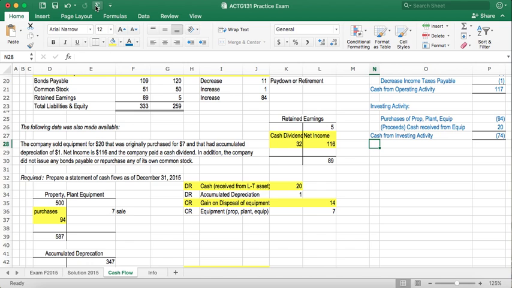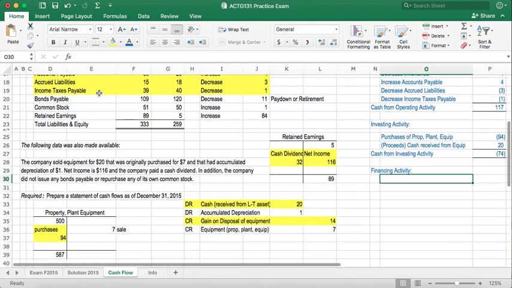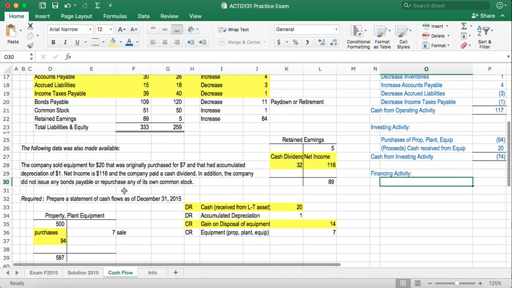The investing activity and the financing activity, both of these are smaller in comparison, with less items, in comparison to the operating. So the next piece is financing activity. And as I said, that's long-term liabilities and equity.